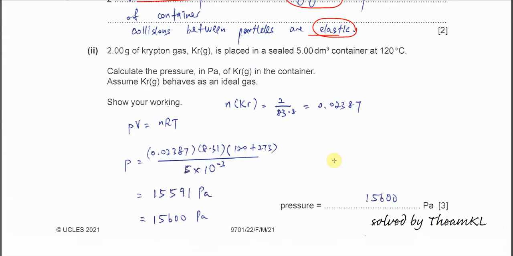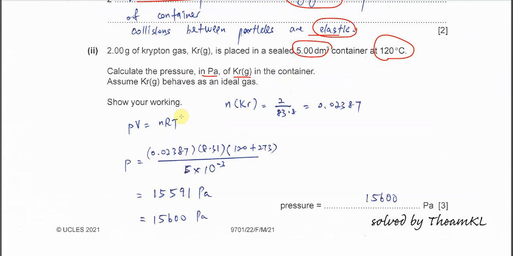Okay, for part 2, 2 grams of Krypton gas is placed in a sealed container, and this container has 5 dm³ and 120 degrees C. Calculate the pressure in Pascal of the Krypton in the container. So this one you have to use the ideal gas law, PV equals nRT.